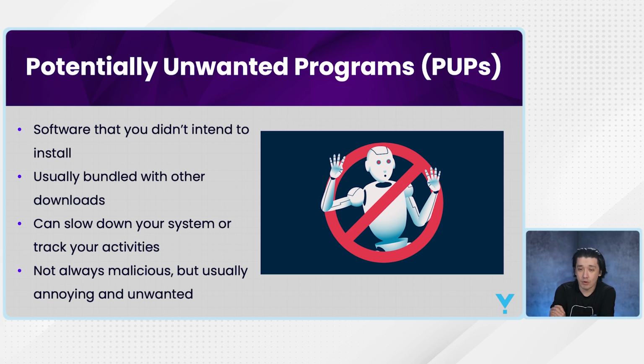Potentially unwanted programs. These are programs that either you didn't intend to install, or you did intend to install, but the program is not familiar to the firewall or the antivirus program that you have. So it's saying that it's not something that you need. It's ambiguous. It could be a virus, or it could be a very poorly named program that's mundane and completely useless.